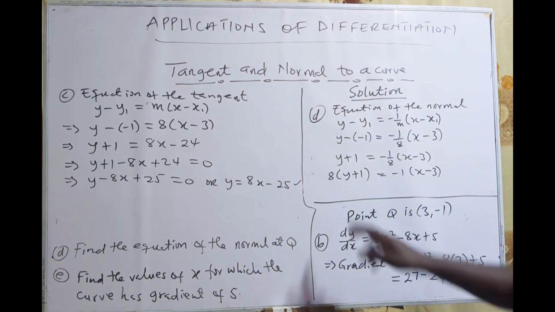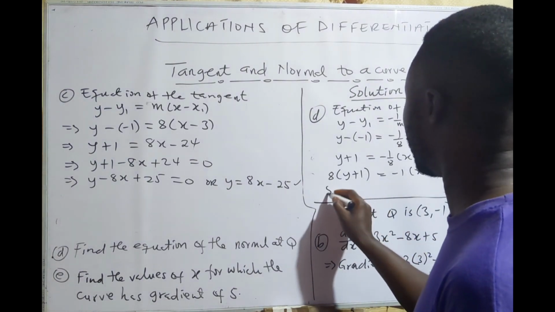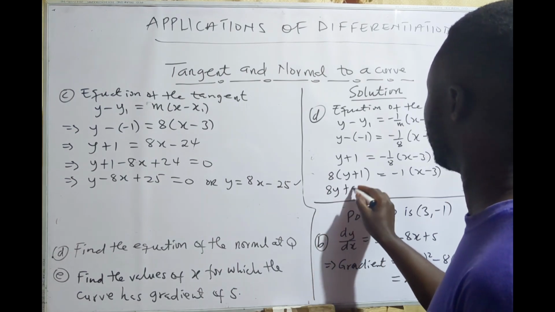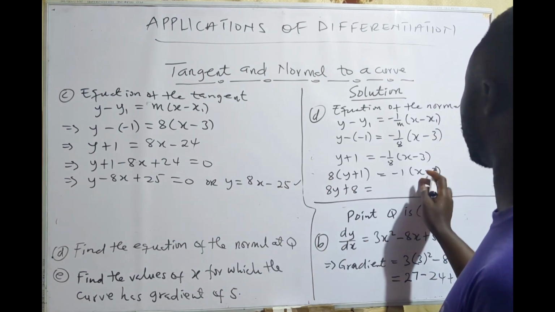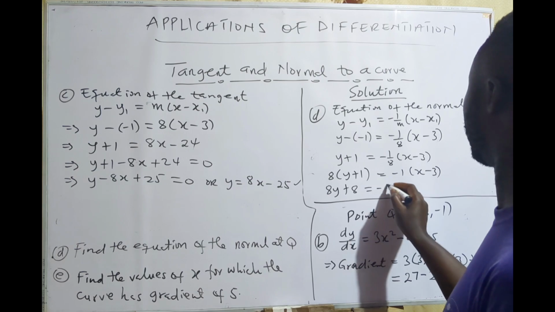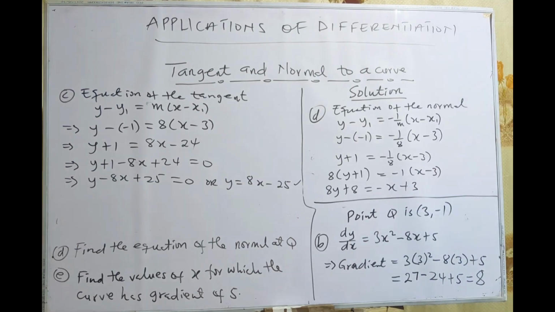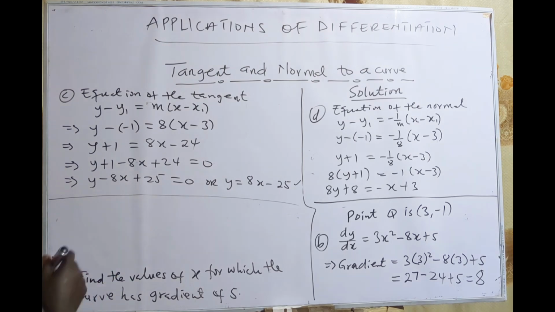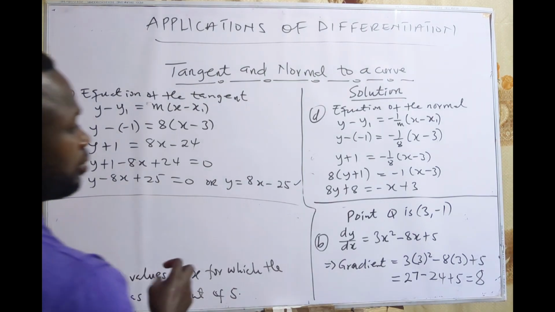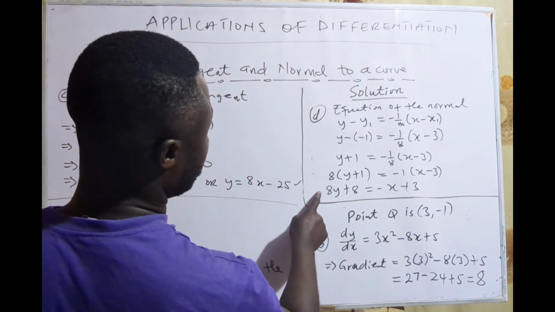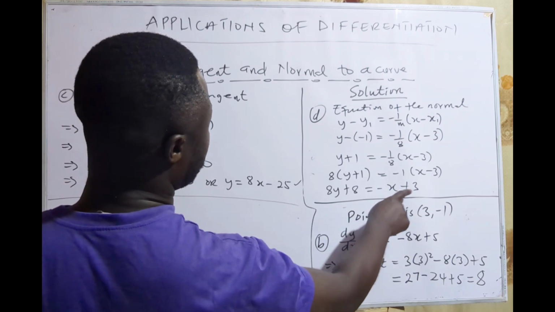Okay, so I have 8 times y to be 8y, 8 times 1 to be 8, equal to minus 1 times x to be minus x, minus 1 times minus 3 to be plus 3. Alright, okay, let's continue on this side. So we have 8y plus 8 equal to minus x plus 3.